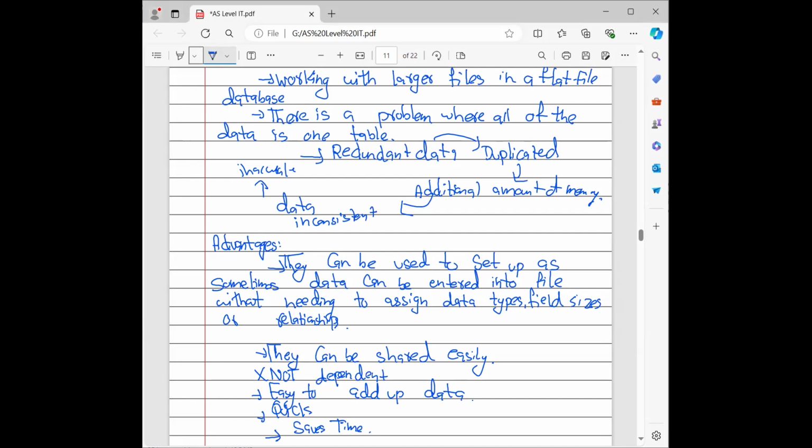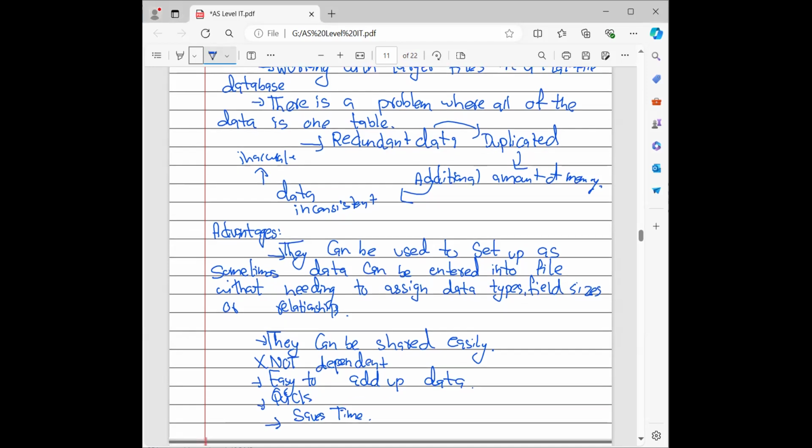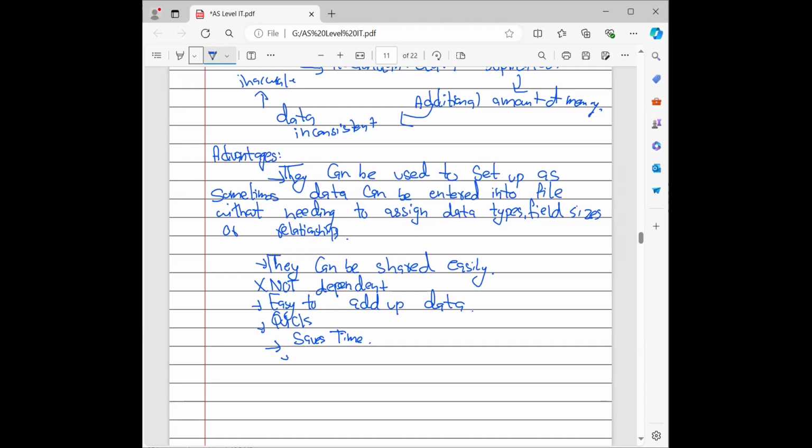And the uses of flat file: it can be used in a transactional processing system.